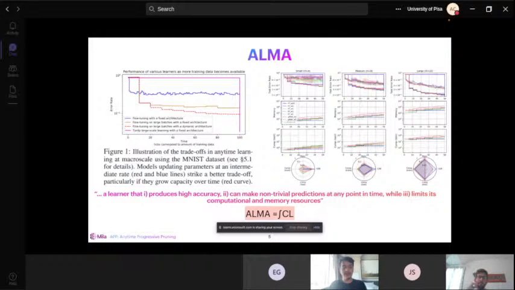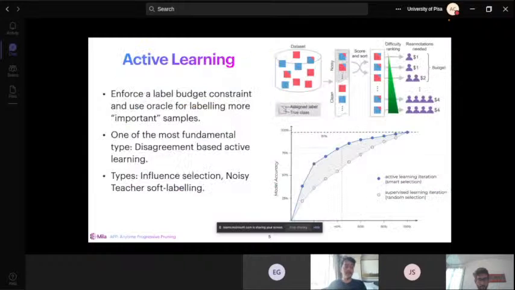So you can consider ALMA to be maybe the integration of the classical continual learning final test accuracy. So you take the sum of all the errors at each mega batch. So this is another one of our motivations for our work.